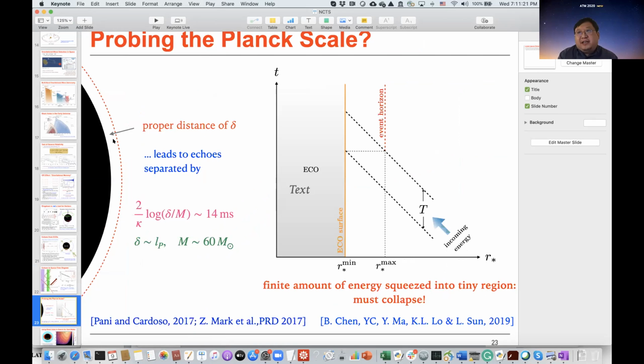What you find is that if you reflect a wave from a proper distance delta from the horizon, it leads to echoes separated by 2 over kappa times the log of delta over M. Kappa is the surface gravity of the black hole, which is of the order of 1 over the mass.